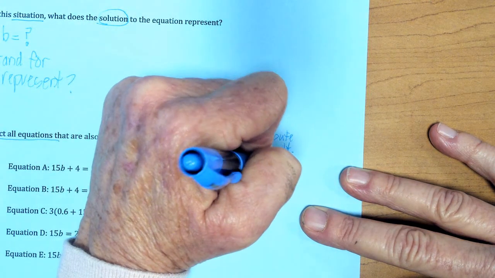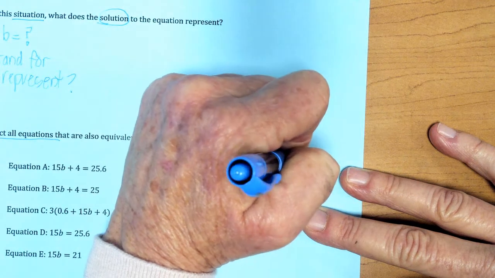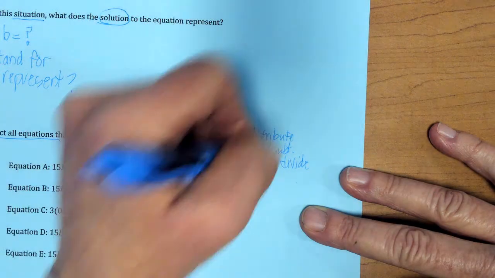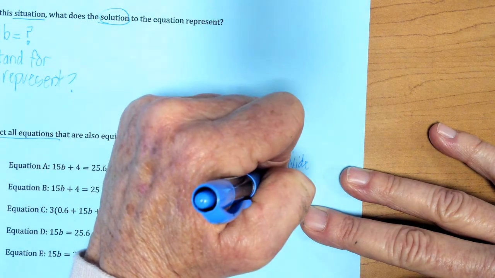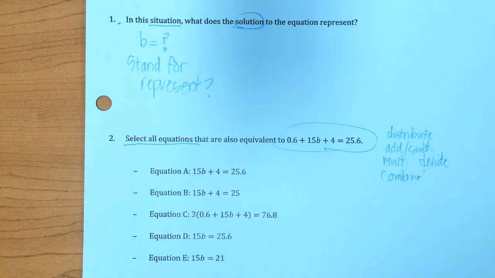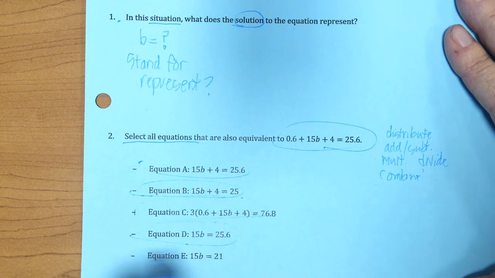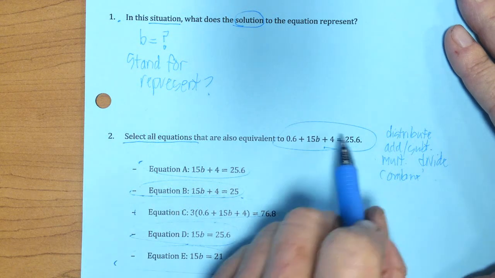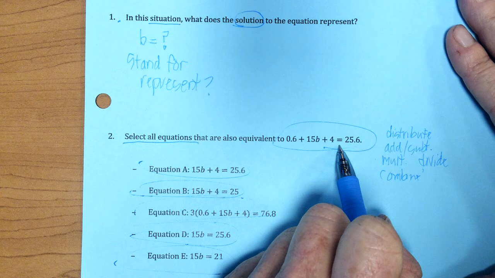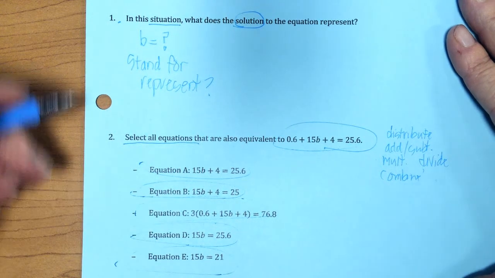Did I multiply? Did I divide? Did I combine like terms? The way I would do it is I would look at each equation separately, and I would do something to see if I can get it to look like that. Okay, good luck. You'll be fine.